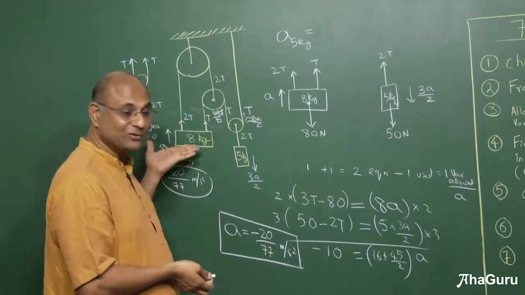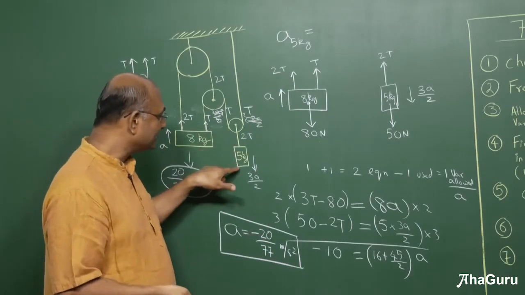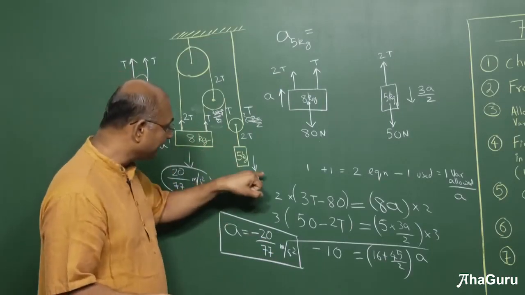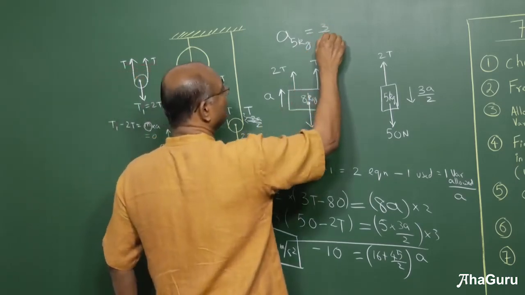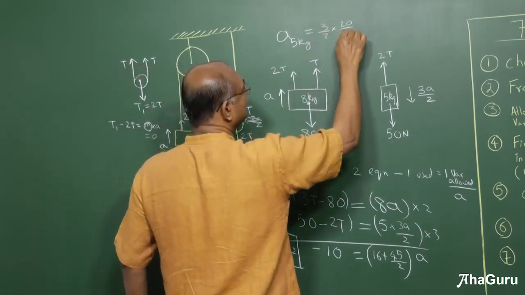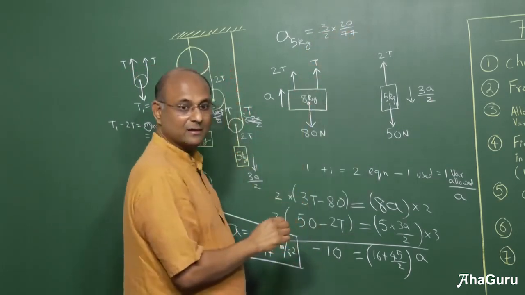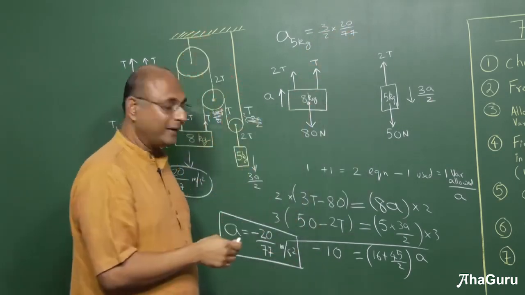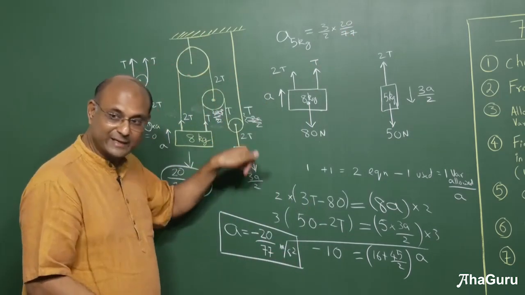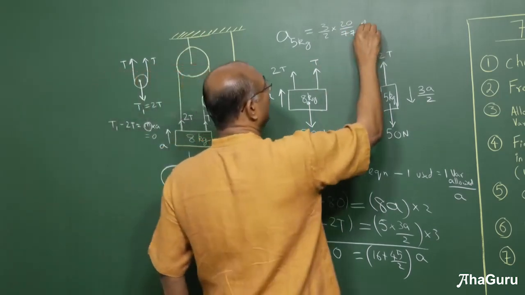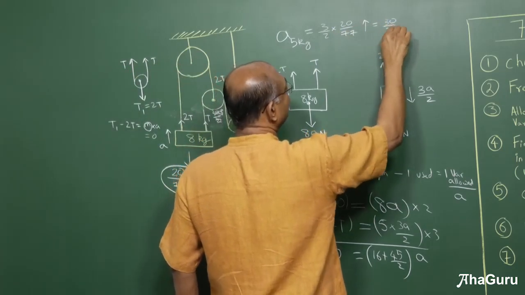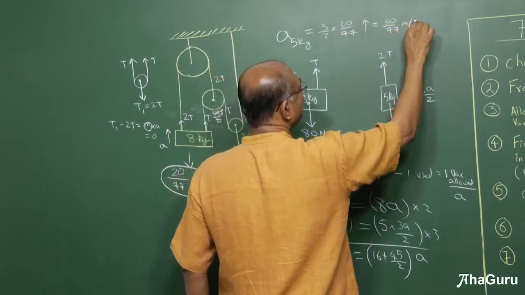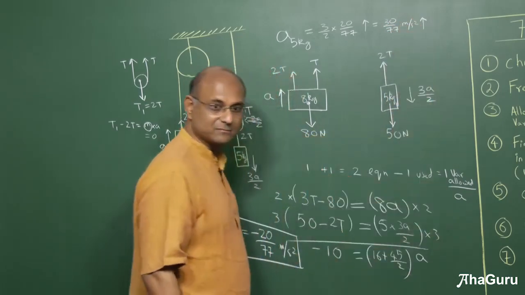Maybe the question did not ask you for acceleration of 8 kg block. If it asked you for acceleration of 5 kg block, remember it is 3a by 2 downwards. So it is 3 by 2 into 20 by 77 upwards. Why? Because I should have a minus sign and I should say downwards. So it is this much upwards. And so if I cancel that out, I'm going to get 30 by 77 meters per second square upwards.